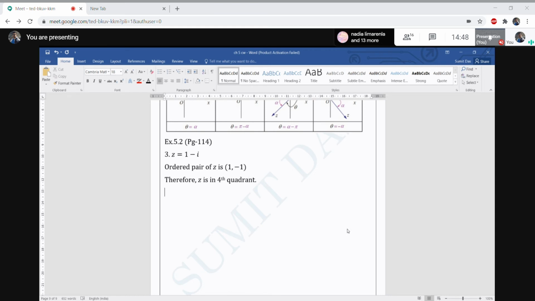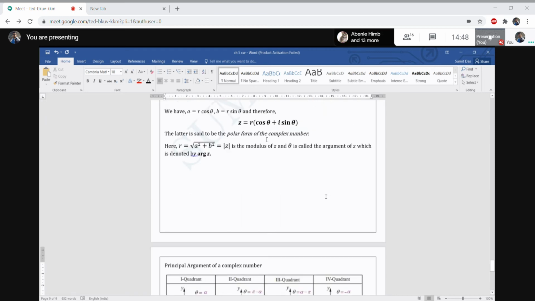Second, we have to write this in polar form. What is the polar form? Polar form is Z equal to r times cos theta plus i sin theta.